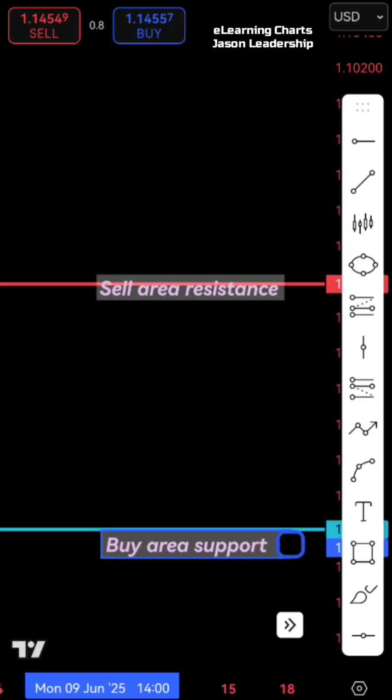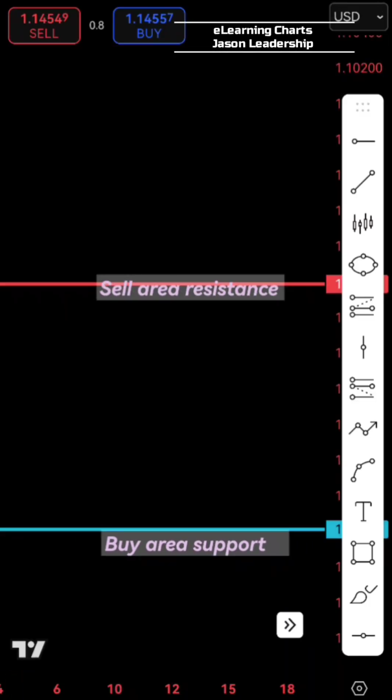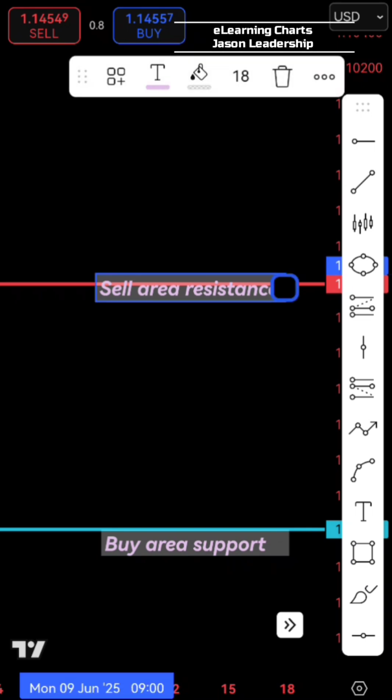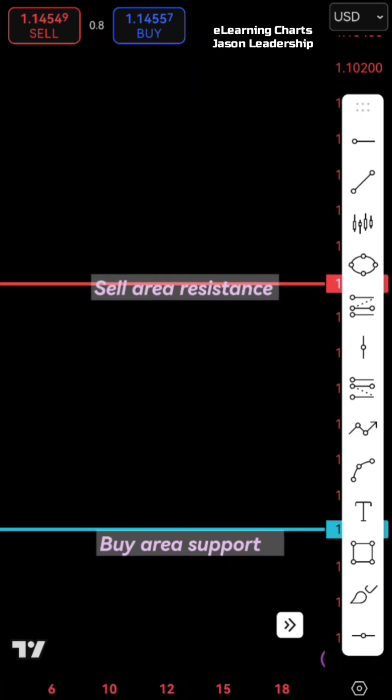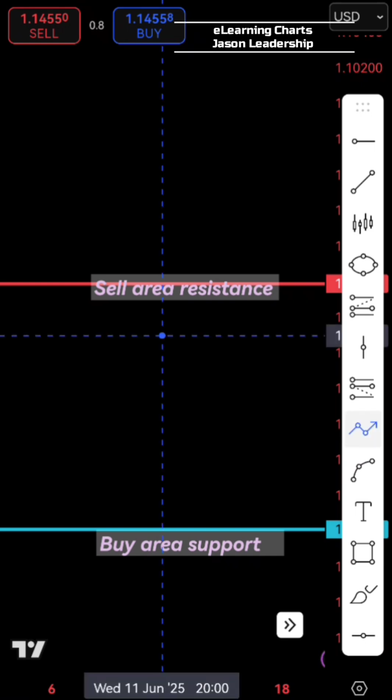Okay, so why I'm making this video, we need to further understand what happens when the market trades above or below these areas. That is where we start forming market structure. So today we're going to focus on the buying market structure.